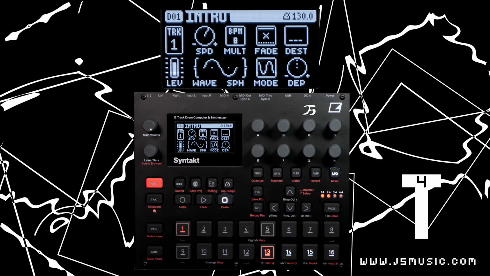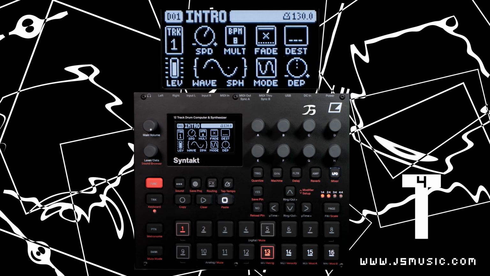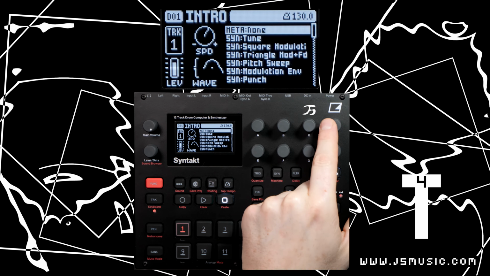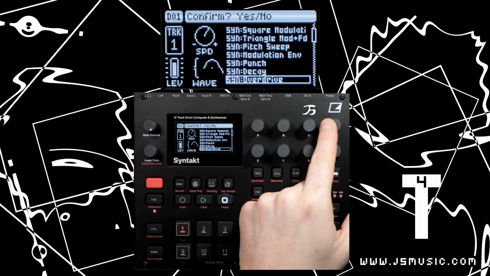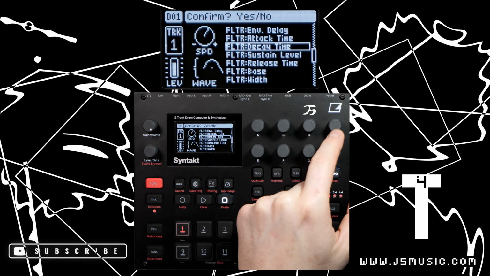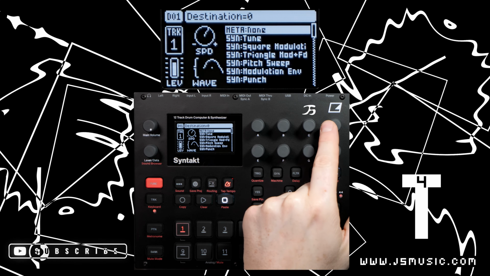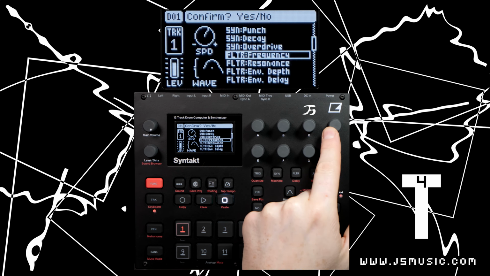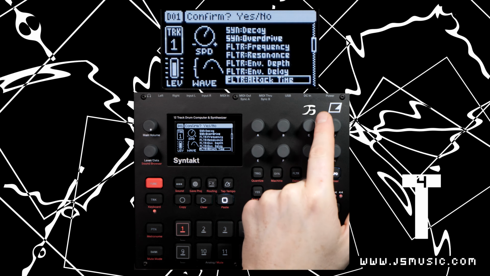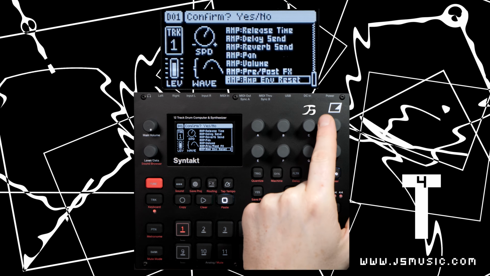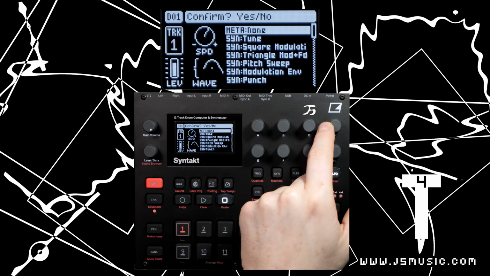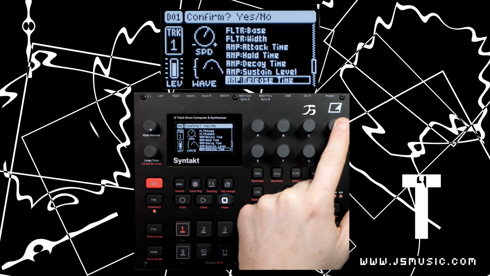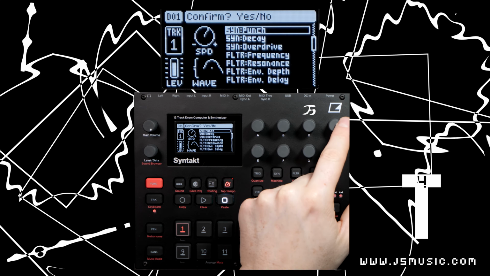DEST, or destination. Destination selects the modulation destination for the LFO. So when I click on this destination button, we have an option for where we want to assign this LFO. For example, SYN is on the synth page, FLTR is on the filter page, AMP is on the AMP page. So we can assign the LFO to any one of the parameters within these pages.